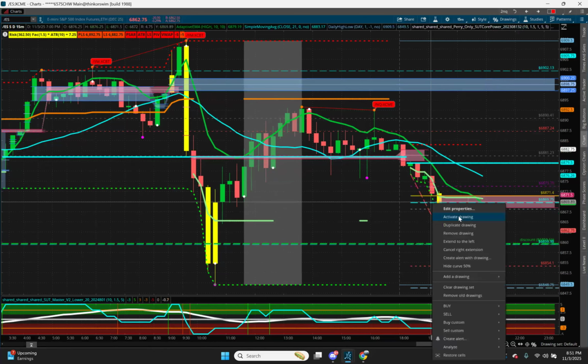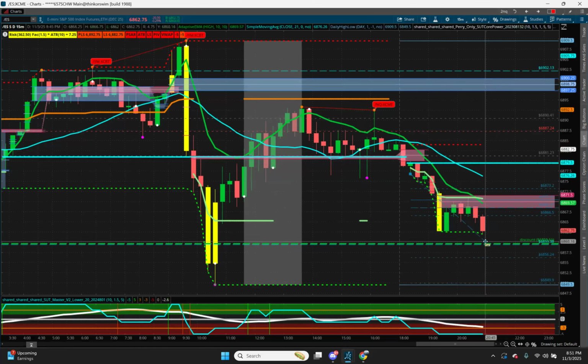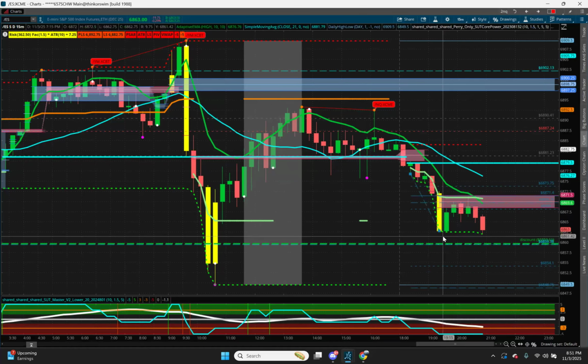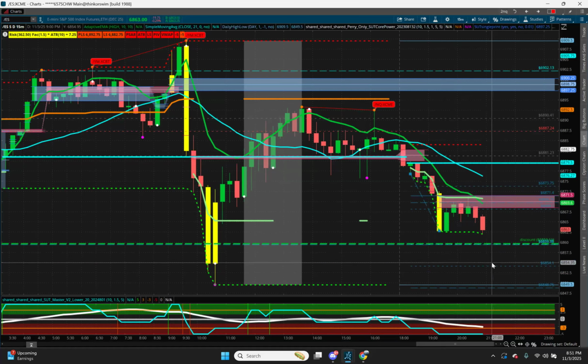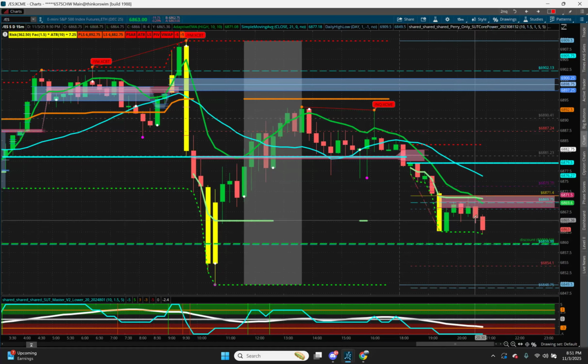So taking that next short after the extension completes, especially if we come right off it, is a little risky. I don't know if that's something I'd want to do because we're trading supports. I don't like to take the first extension after trading that support again.